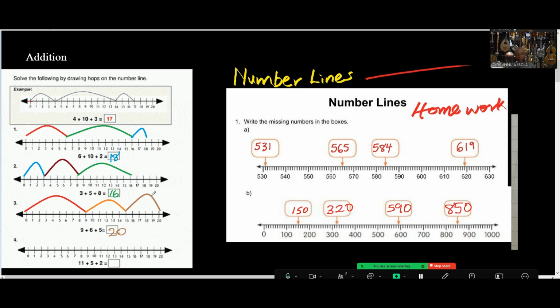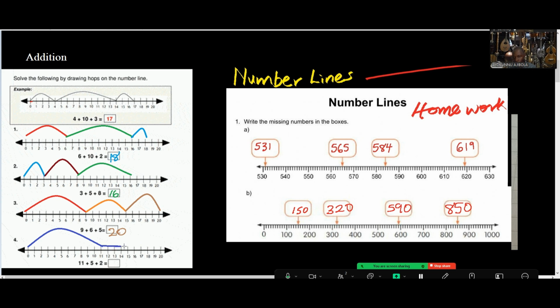And the last but not the least, what's the first one there? We have 11. So going all the way to 11. So from here, stop on 11. Then the next one, how many steps? 5.